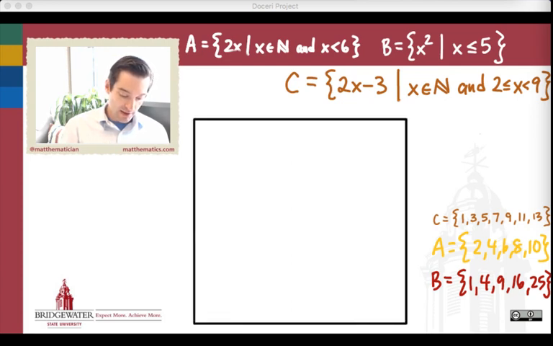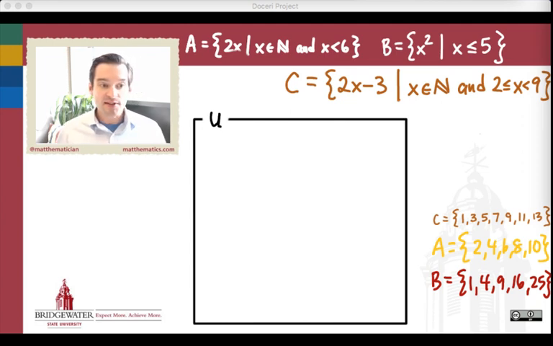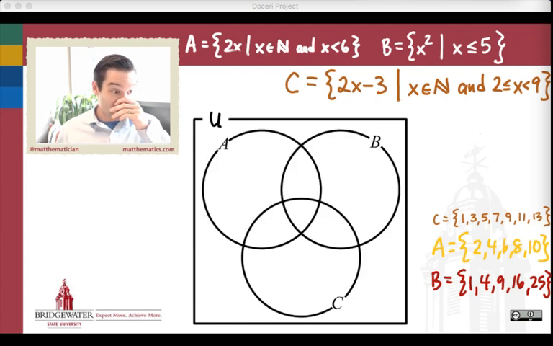Let me try and make it a nice big square this time. We didn't really say what the universe was for this problem. It's not a survey problem, so maybe we'll worry about that a little later if it becomes important. And then inside of that universe, I will put in my 3-set Venn diagram, A, B, and C.